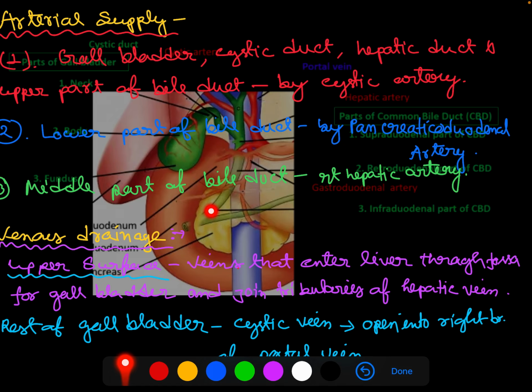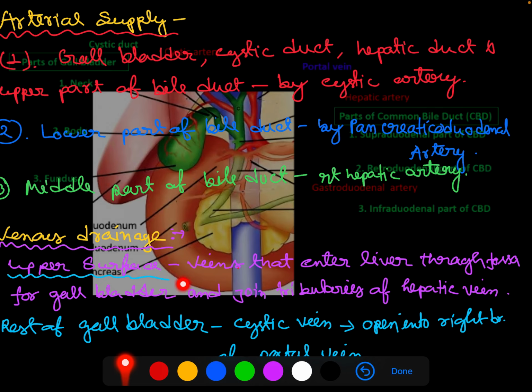This is the lower part of the duodenal bile duct, which is supplied by the pancreaticoduodenal artery, and the middle part of the bile duct is supplied by the right hepatic artery. This is the middle part, which is supplied by the right hepatic artery.